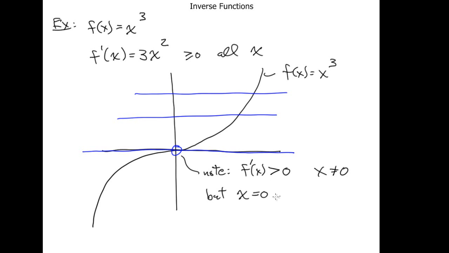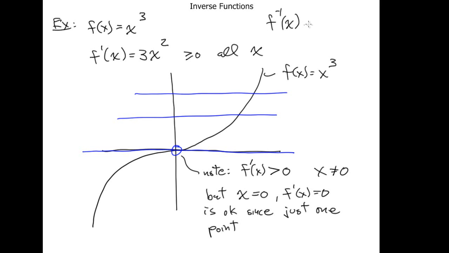The test is that the derivative is supposed to be strictly greater than 0, but it's allowed to be equal to 0 at a finite number of points. Looking at the picture, that's clear. This function is increasing, so x cubed does have an inverse for all x. Well, you know what it is.